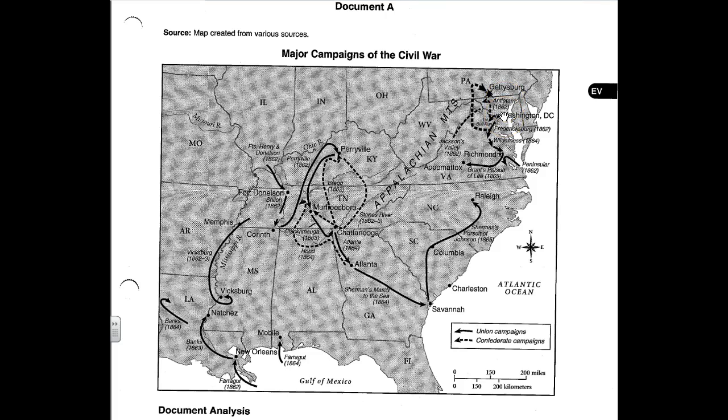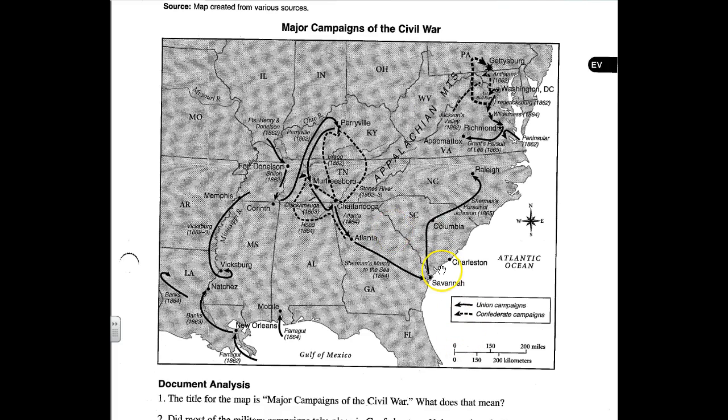The first attempt was Lee's invasion of Maryland, where he was stopped at Antietam in 1862, located right here. And the second attempt was Gettysburg in July of 1863. After Lee retreated from Gettysburg, Southern armies never again, not once, entered free Northern territory.